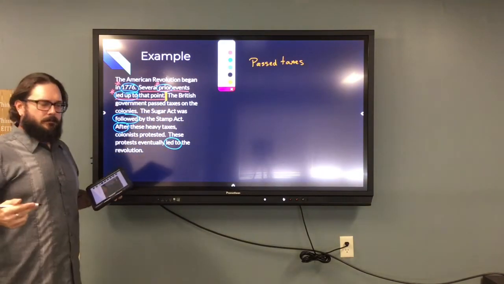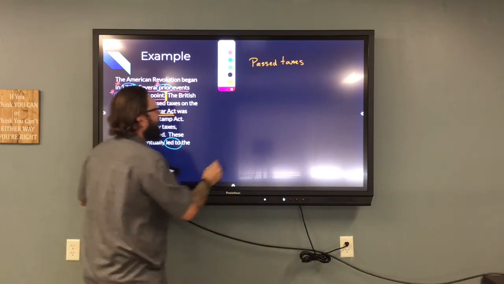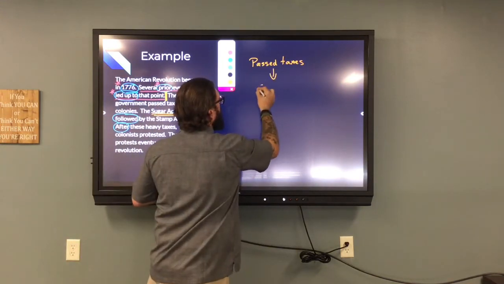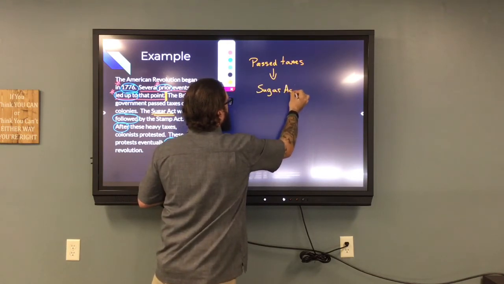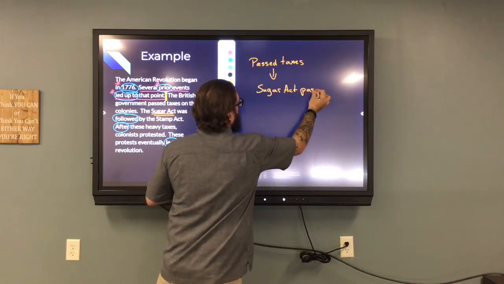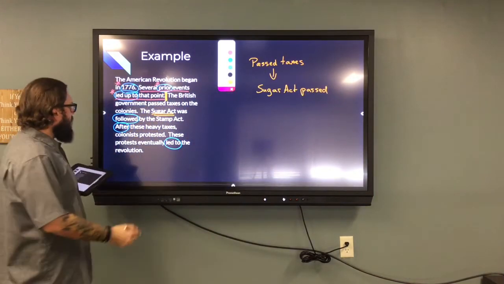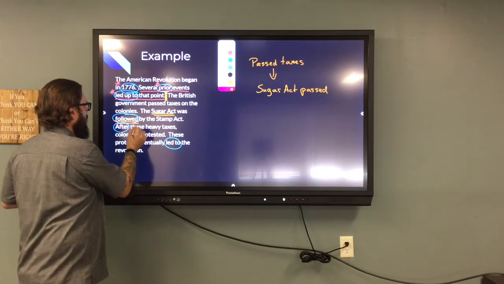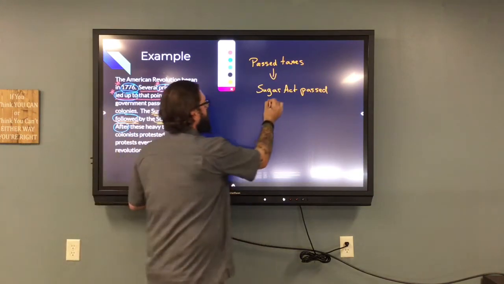Specifically, the first tax was the Sugar Act. They passed the Sugar Act. Next, followed by the Stamp Act.